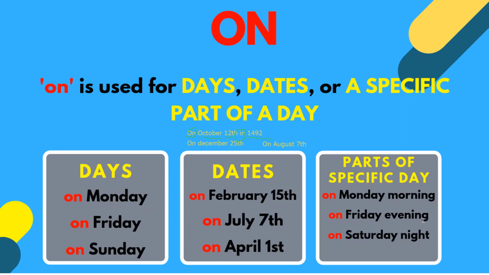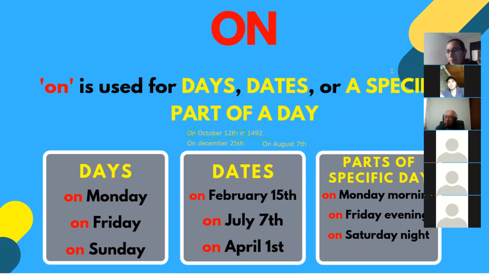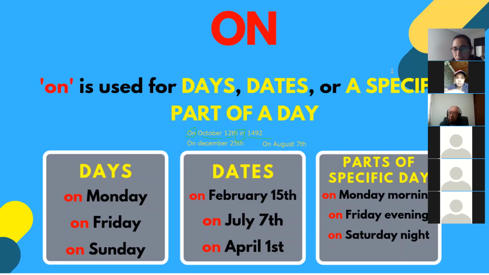For example, if you say, nosotros tenemos clase los miércoles en la tarde. ¿Cómo sería, chicos? We have class on Wednesday evening, sorry, but just make it shorter. On Wednesday? Evening is 6 or 7.